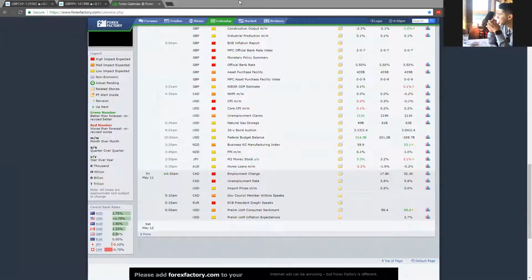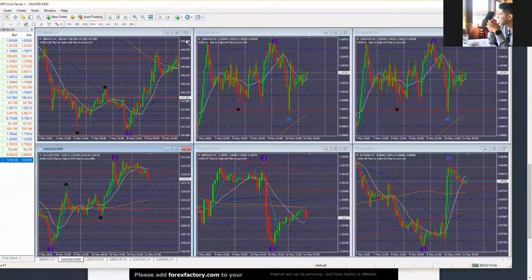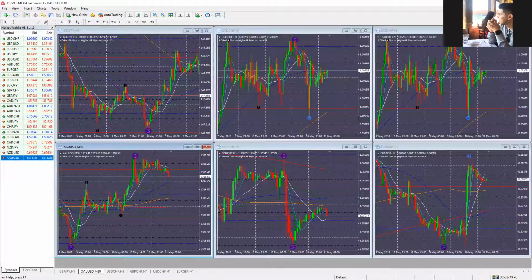So CAD pairs. This is actually what I'll be looking at: what type of news is going to be hitting, and then looking at the different pairs for the CAD pairs and seeing what I notice. So if I go on my MT4 here, I'm going to be looking at the different pairs with CAD.